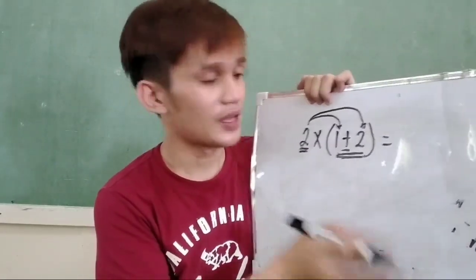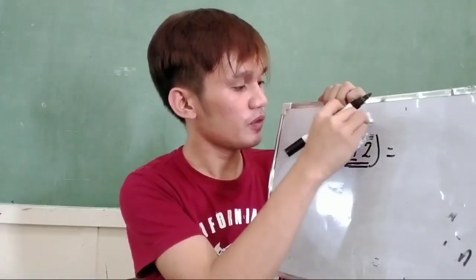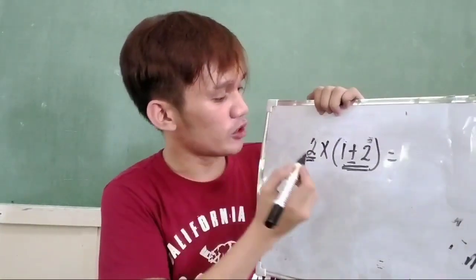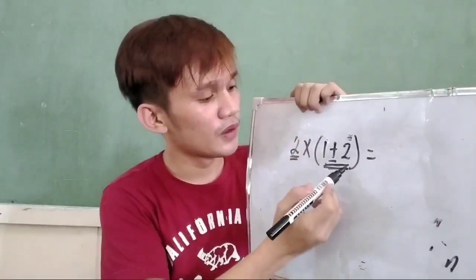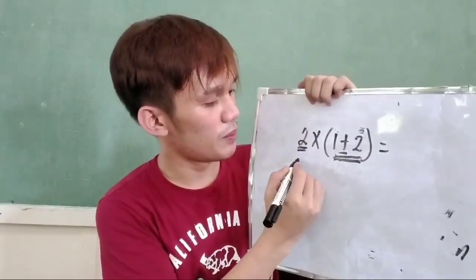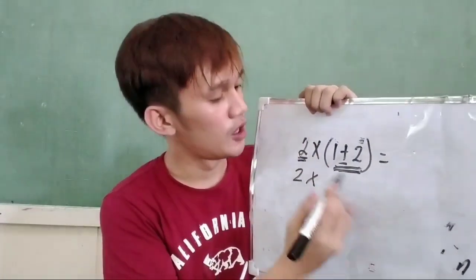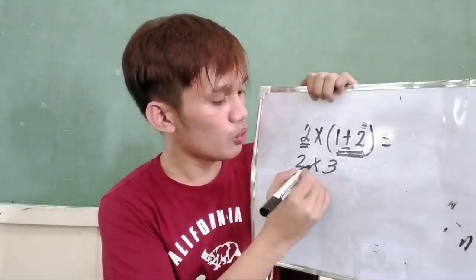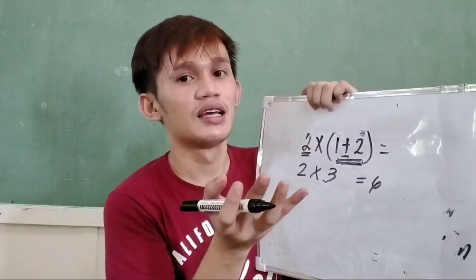So let us see. If we use the first statement, which is multiplying a number by the sum of the numbers, this will be 2 times, let us get the sum, 3. 2 times 3 is definitely 6.